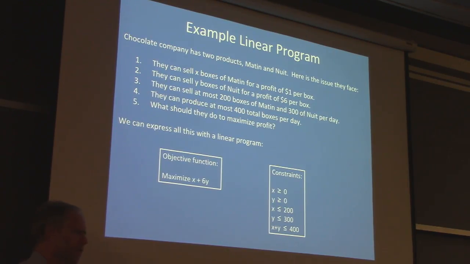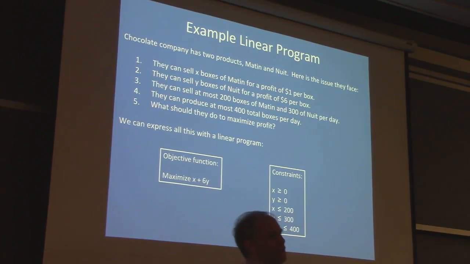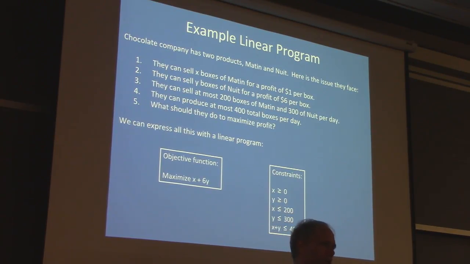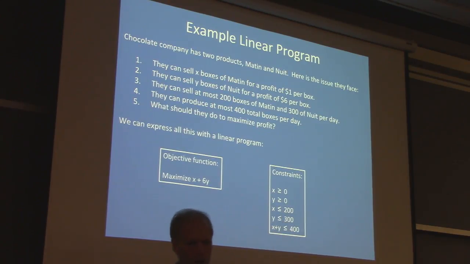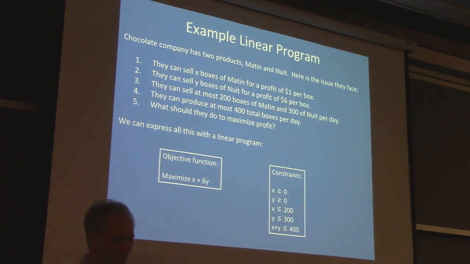But this is one place where linear programs are used: for businesses solving problems like this, except with lots of constraints. Instead of just solving for x and y, the number of each kind to make, there are going to be all kinds of inputs like labor and regulations and so on.